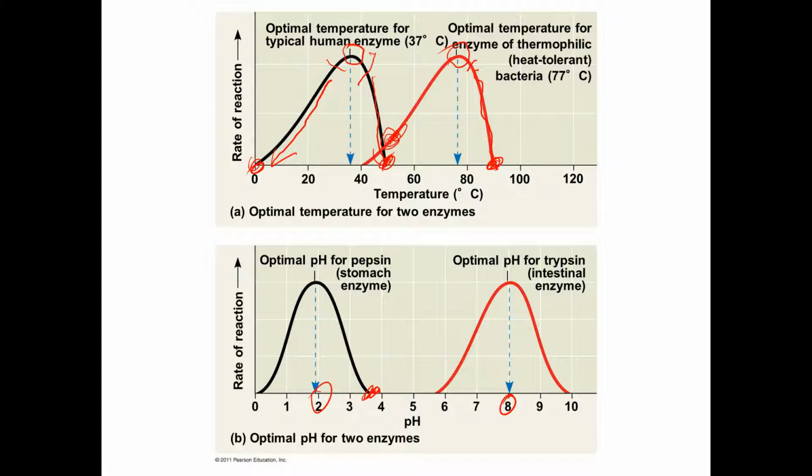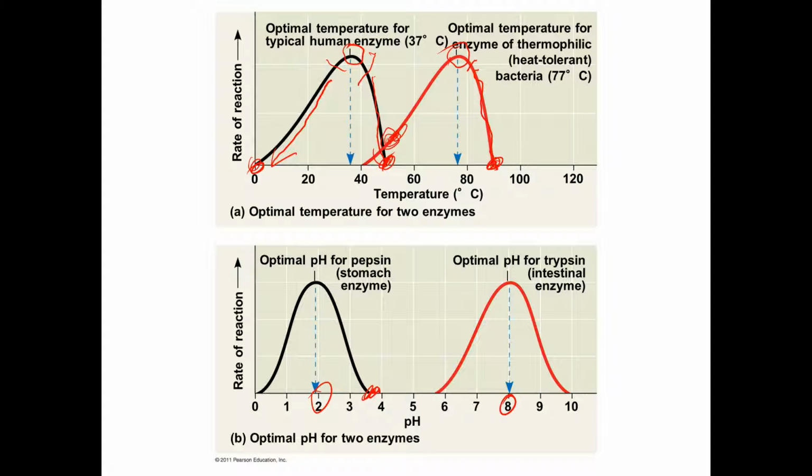Trypsin functions best in the small intestine, so a pH around 8. Notice here, think about it, as you ingest food, the food makes its way through your stomach, where it is exposed to pepsin, and then as it makes its way into the small intestine, you have a change in pH.